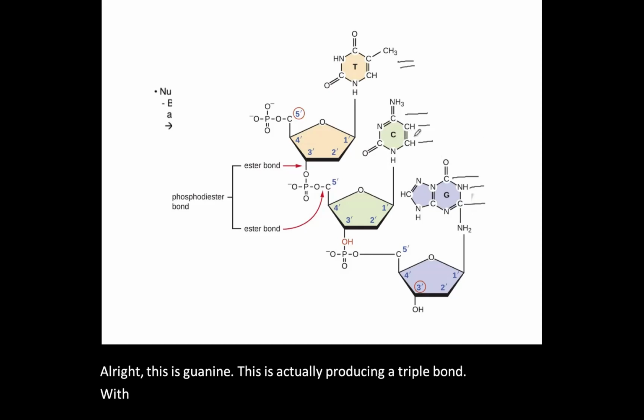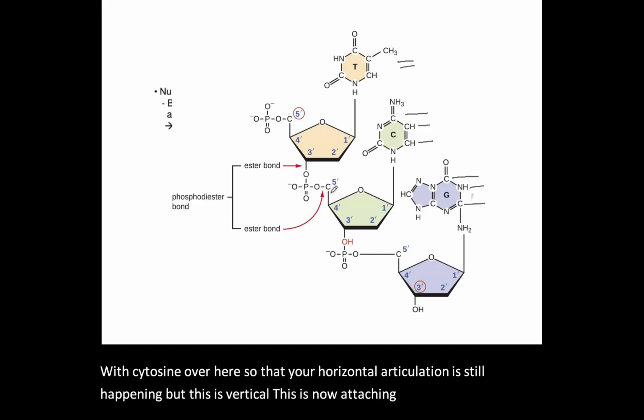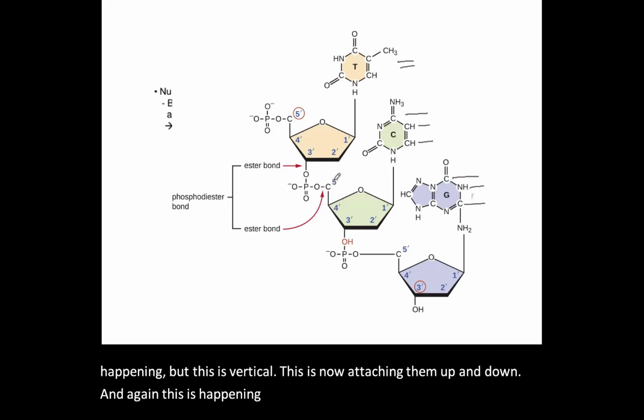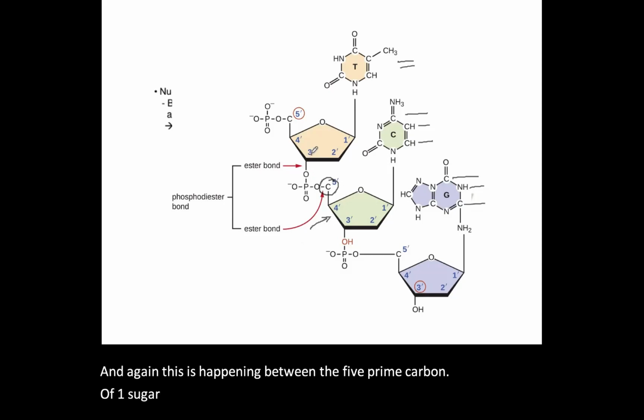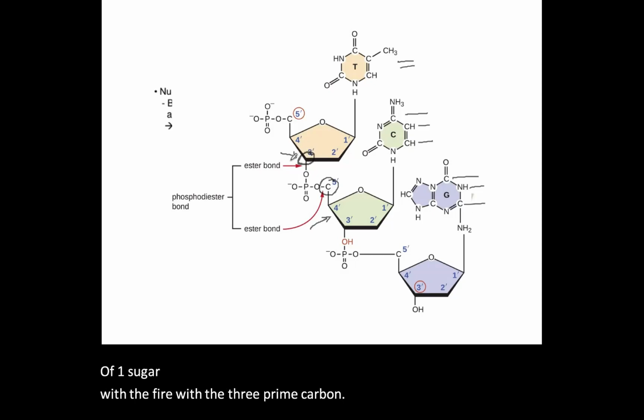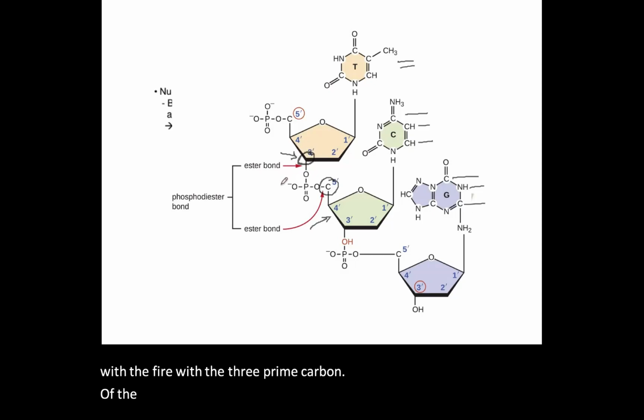So your horizontal articulation is still happening. But this is vertical. This is now attaching them up and down. And this is happening between the 5' carbon of one sugar with the 3' carbon of the sugar above it.